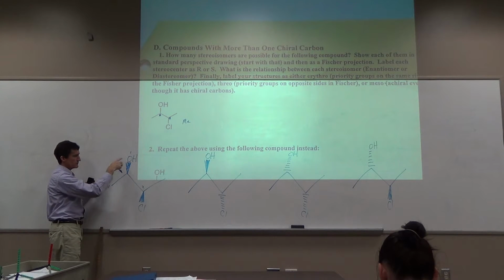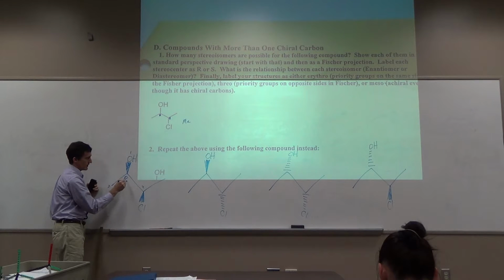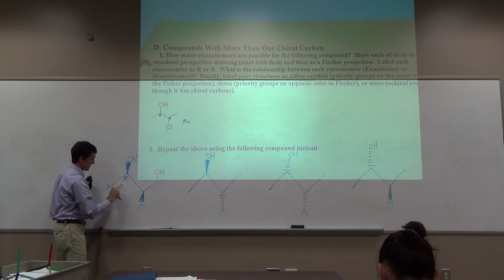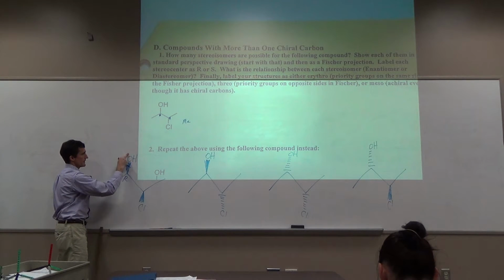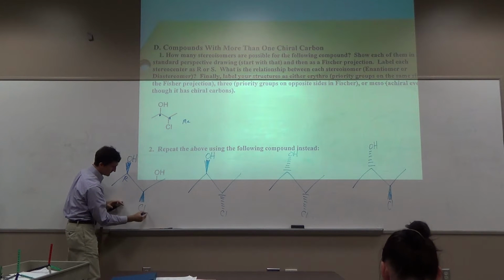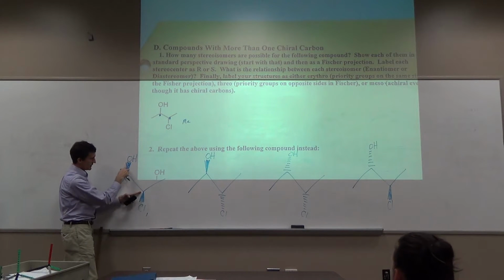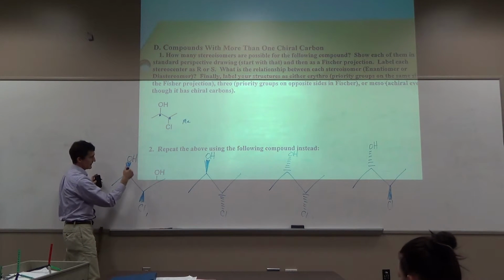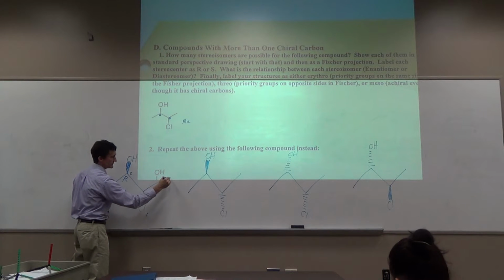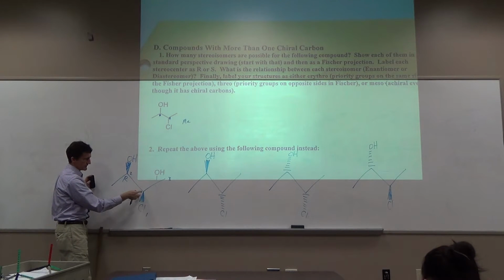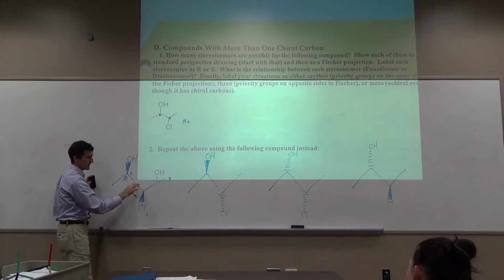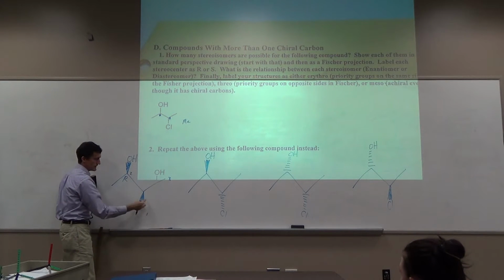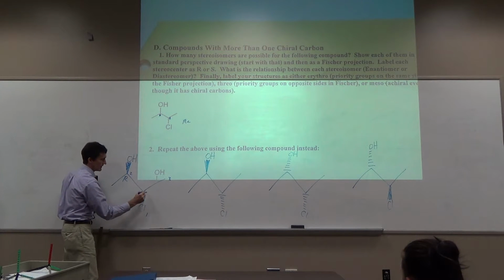Low priority group is back, so what is this? R. All right, that's R. Let's get rid of those. How about this guy? Chlorine with 1. Carbon with O or carbon with H's? O. Carbon with H is 3. Where's the H here? Back? So that's good. 1, 2, 3. H is back, so this is R.